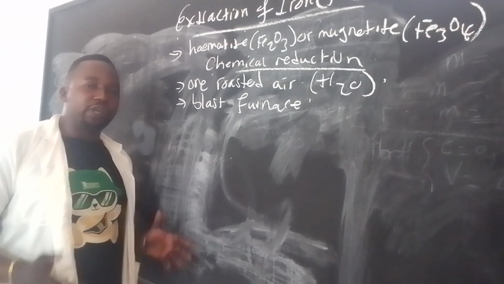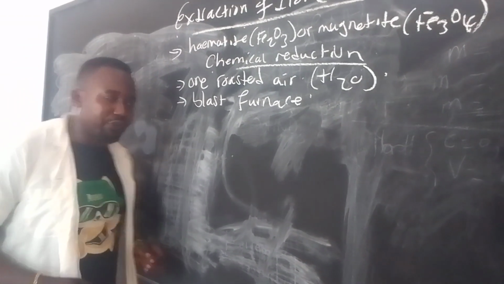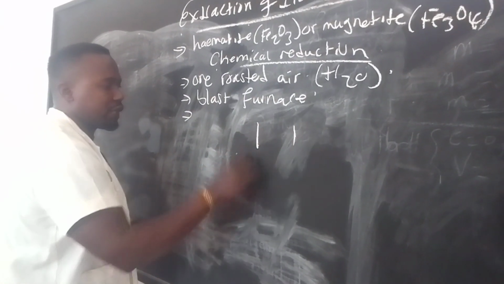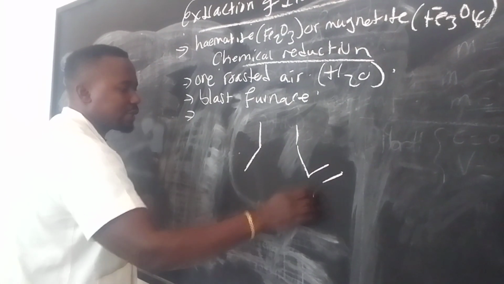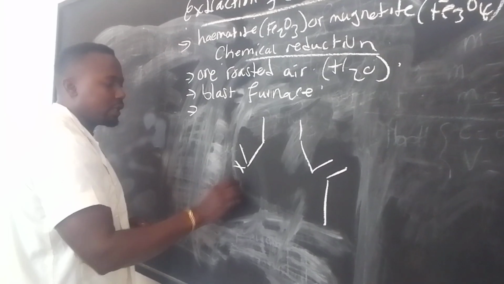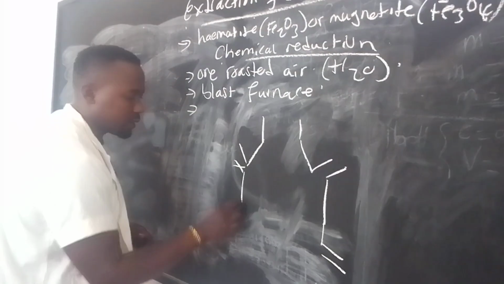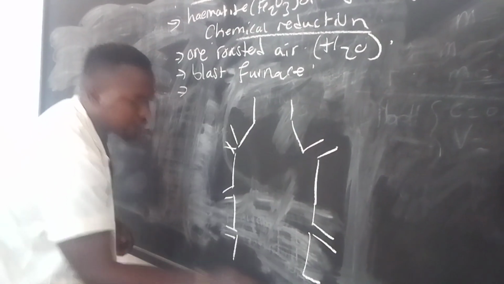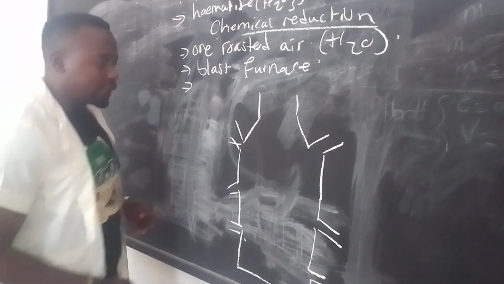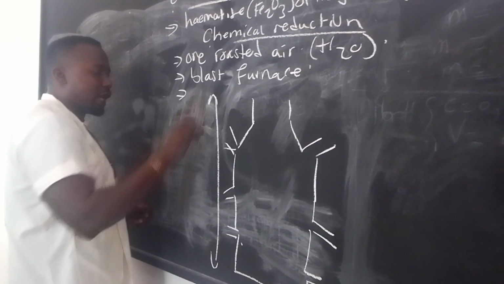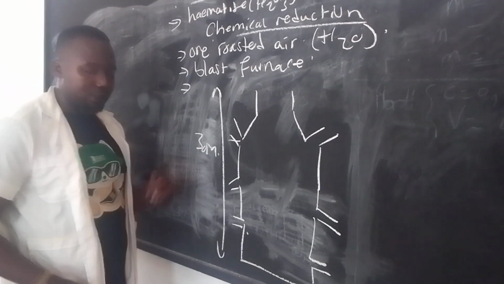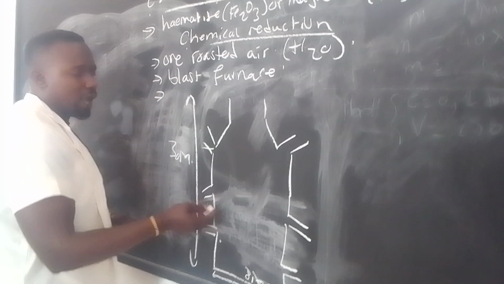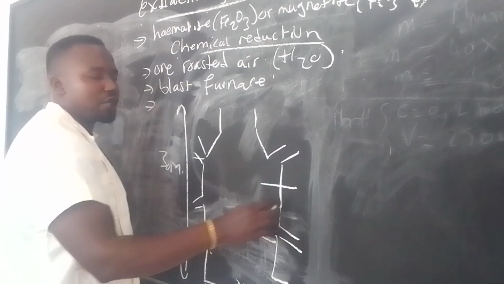Now we are going to give a brief description of a blast furnace. A blast furnace is a tank, 30 meters in height and 8 meters in diameter. The upper part of the blast furnace is cooler.